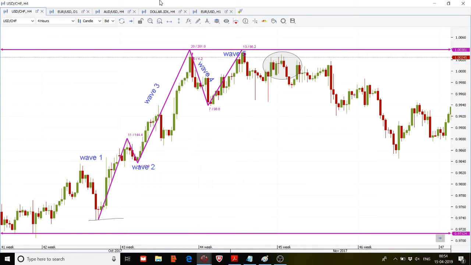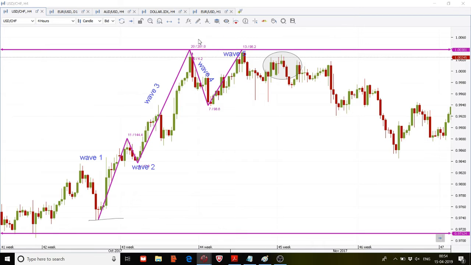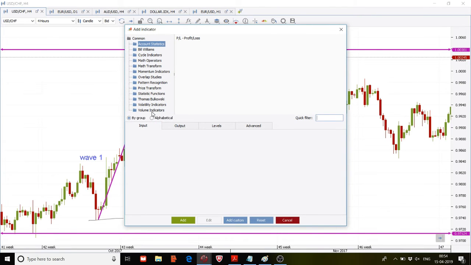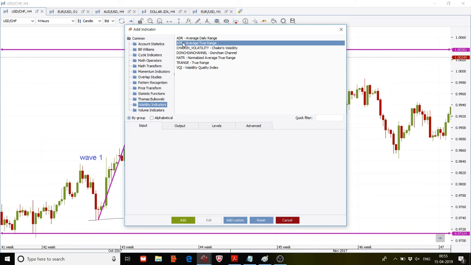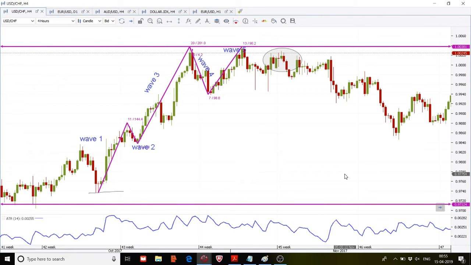ATR shows the average true range. I will add this ATR into it. You will get that in the volatility indicator section. So average true range shows us the range of the instrument for that day, for that time being. At that time, the USD CHF had a range of almost 25 pips.